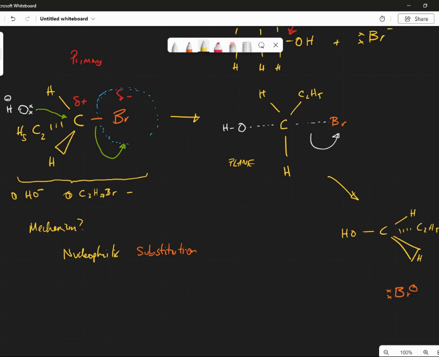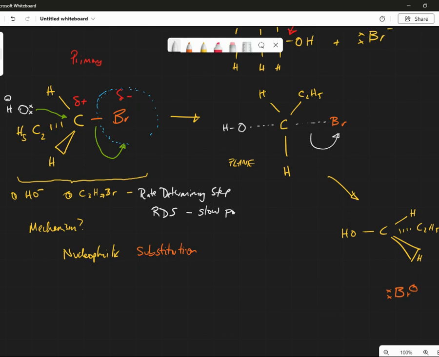Now, this is the slow part of the reaction, and I don't know if you've done this, you may have done this already in your syllabus. The slow part of the reaction is known as the rate determining step. Have you done this? The RDS. Have you done that? Oh, you have done it. Okay, cool. So this is the rate determining step, and it's the slow part of the reaction.